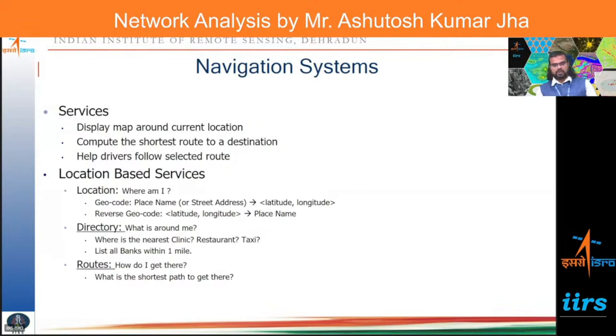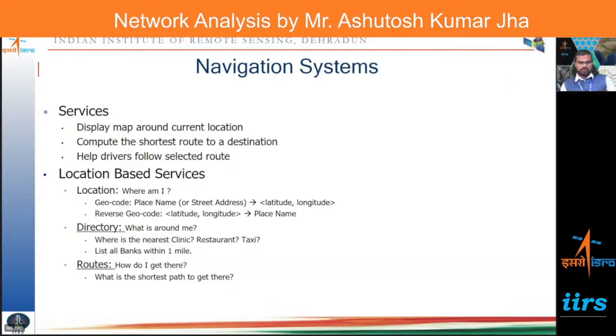It means you need to have some kind of information system where, given the current latitude or longitude values, you should be able to convert them back into the names and places of a particular area. That is called geocoding.